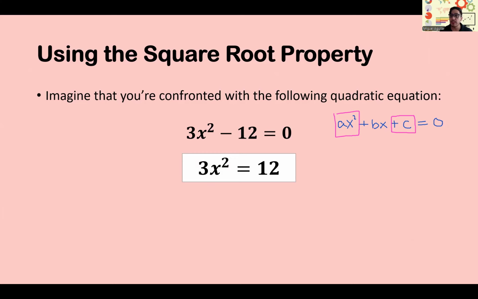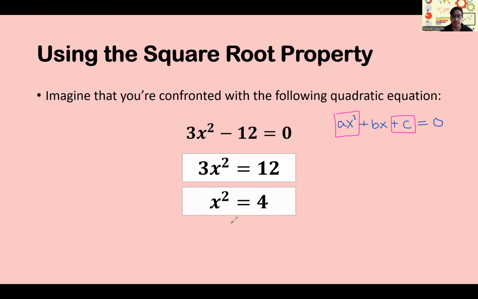We just want that coefficient to be a 1. Another way of putting that is that we want to cancel out the 3. So if we divide the 3 over to the other side of the equation, we should end up with this equation, x squared is equal to 4, since 12 divided by 3 gives us the 4. And then we're in a really good position to apply the square root property.